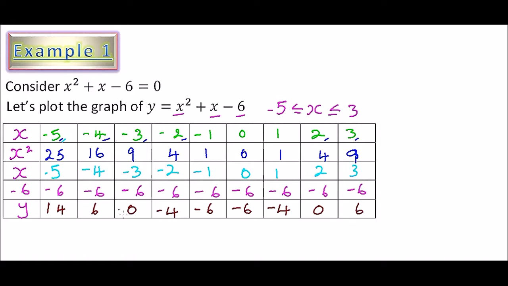Now with these values of x and y, we will be able to plot the graph of the function y is equals to x squared plus x minus 6. So this is our graph paper. We first of all make the Cartesian plane.